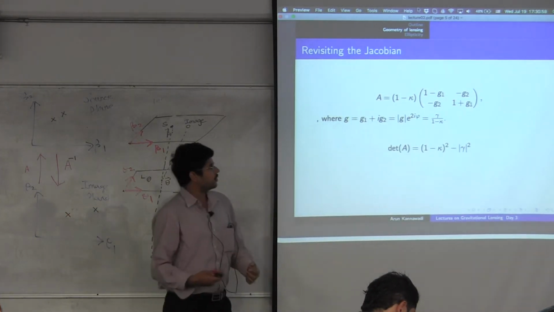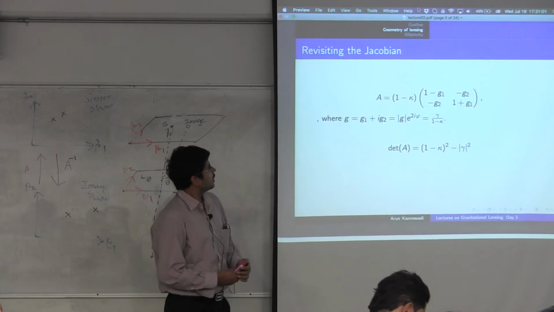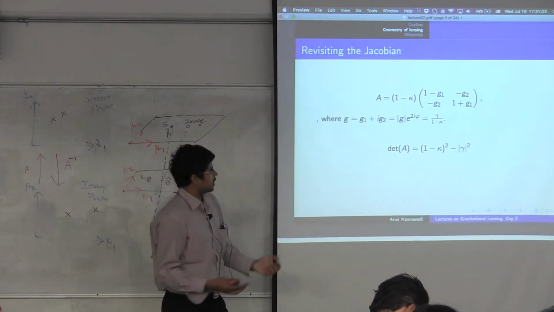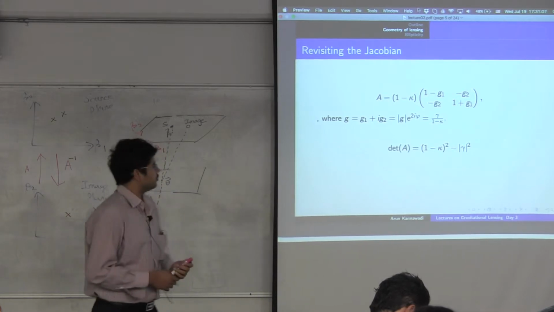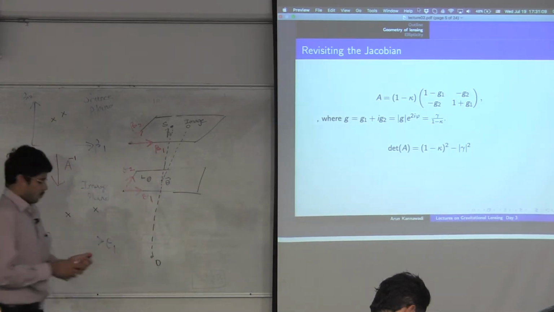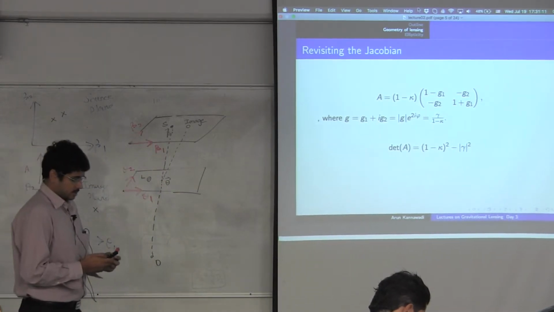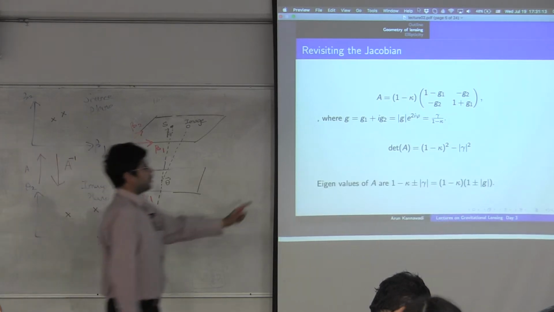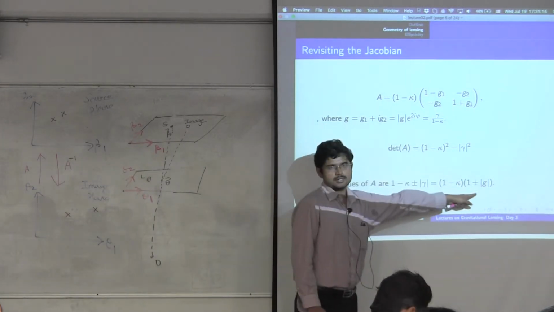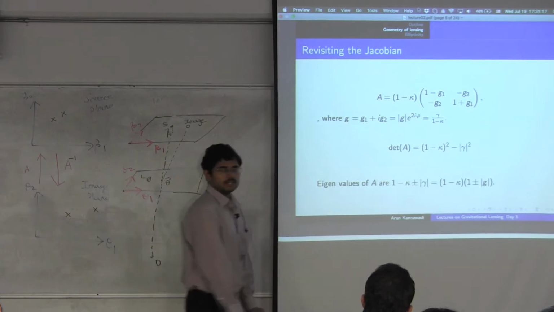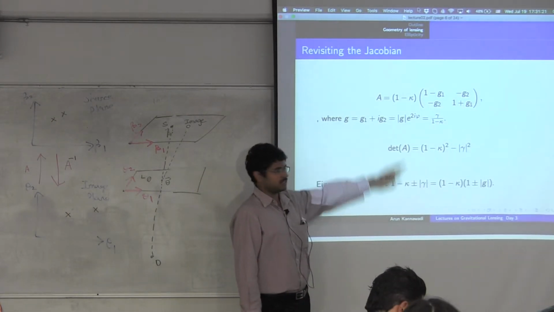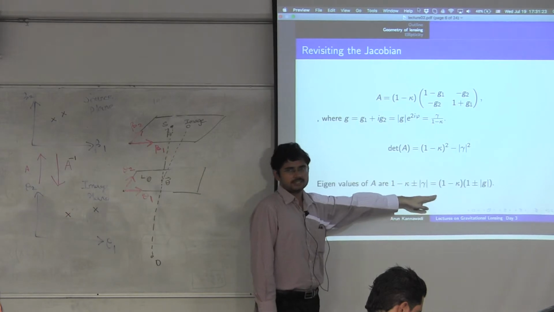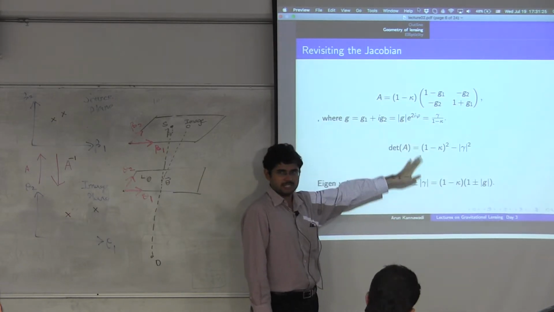But now I have also rotated it so that G1 is the magnitude, and the eigenvalue should not depend on the component. So it should be 1 minus kappa plus or minus the modulus of G. If you don't understand the argument, you can work this out and you will get this for any G1, G2.